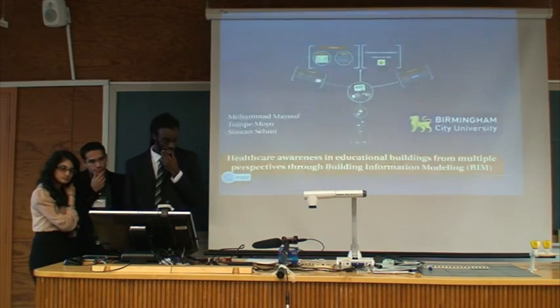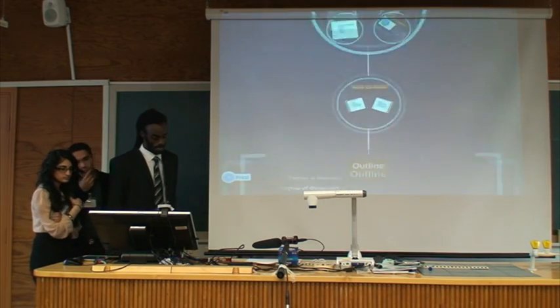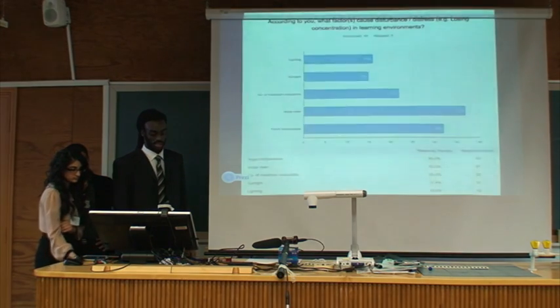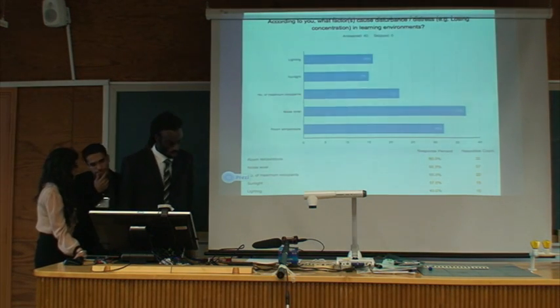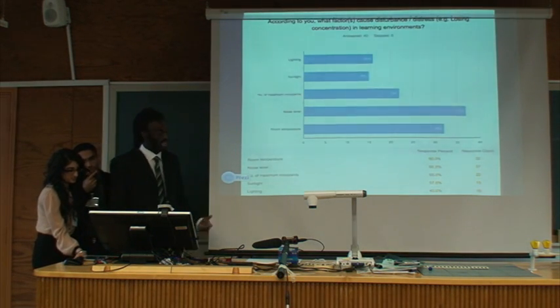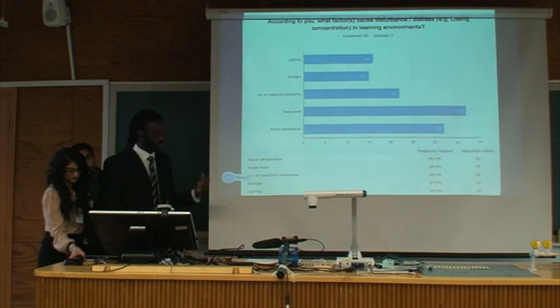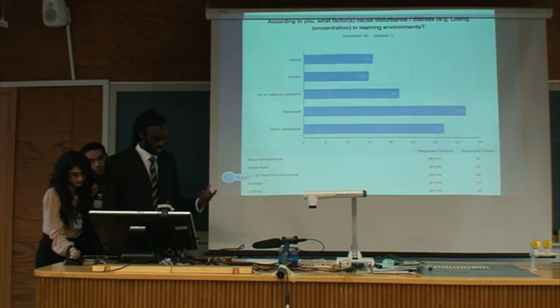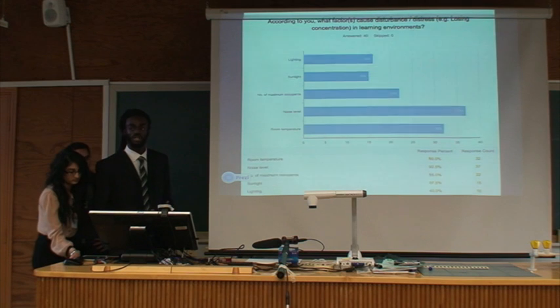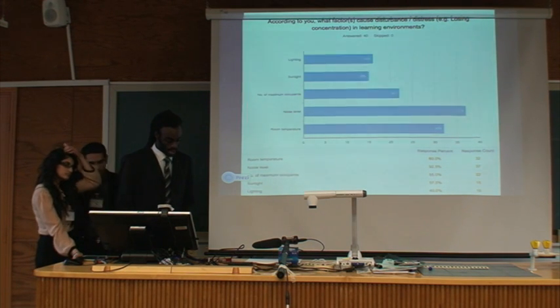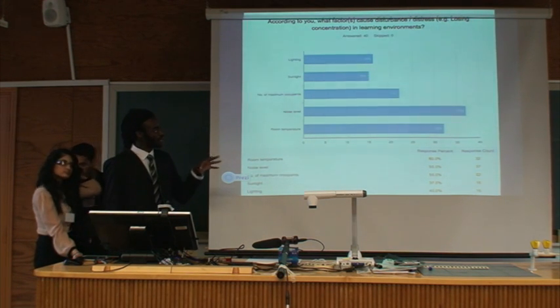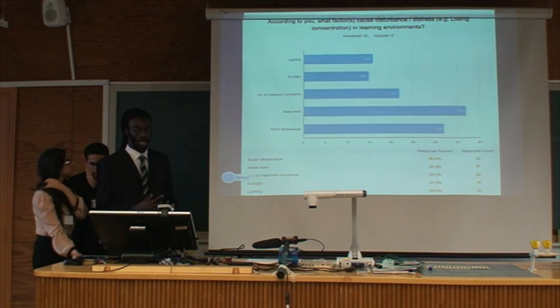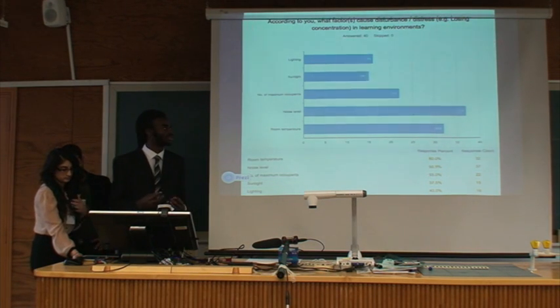As you can see from this question, survey respondents were asked which factors cause disturbances in a learning environment. These options were gathered from our previous research, and respondents were given the option to choose one, two or three answers, so multiple choices.